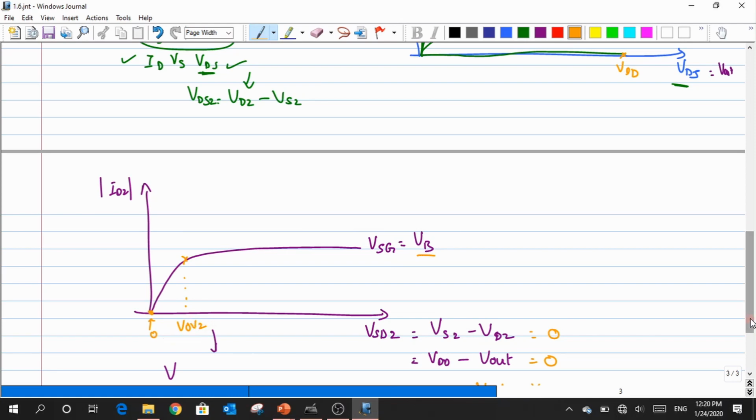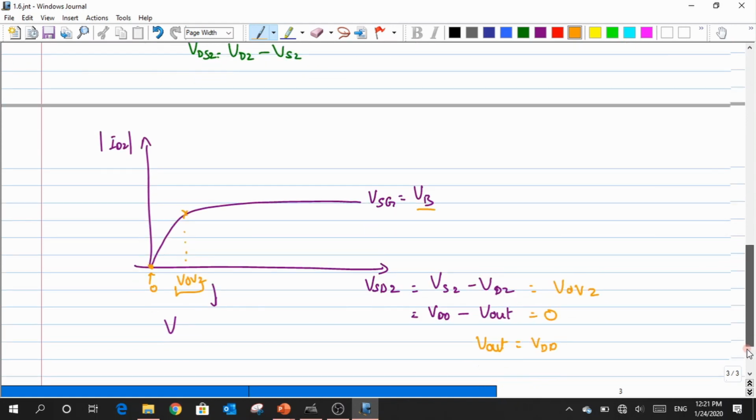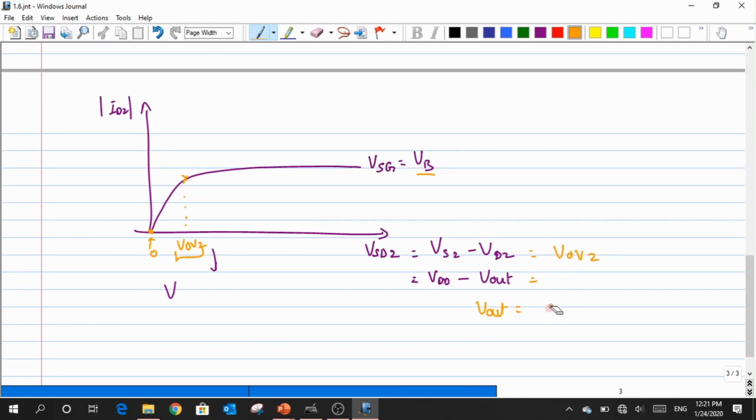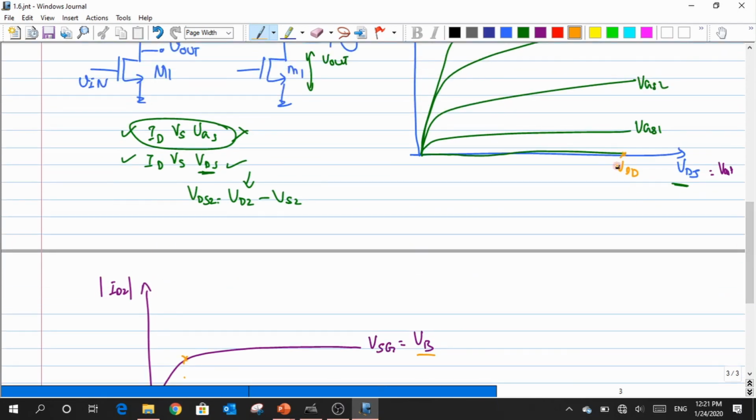So how will I translate this? Again, you just substitute this value in place of this expression, so that this VOV2, when plugged in here, would translate to VDD minus VOV2. From the previous value of VDD, I have to shift towards the left because the Vout has reduced.